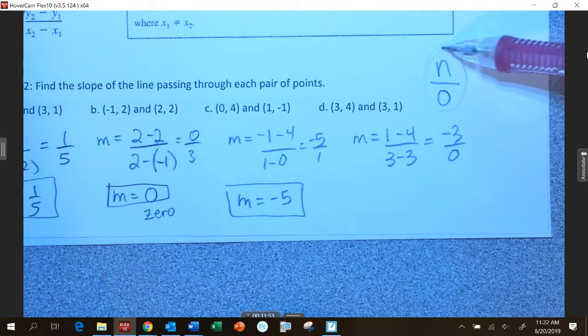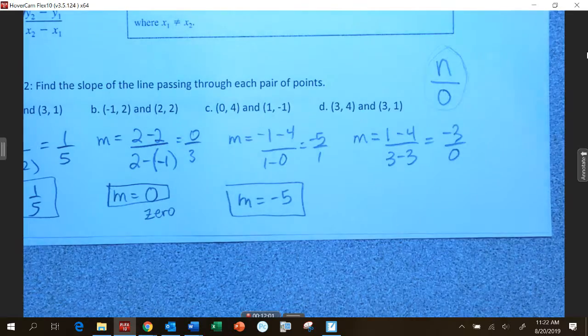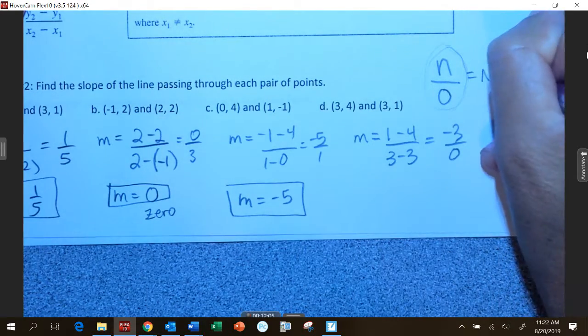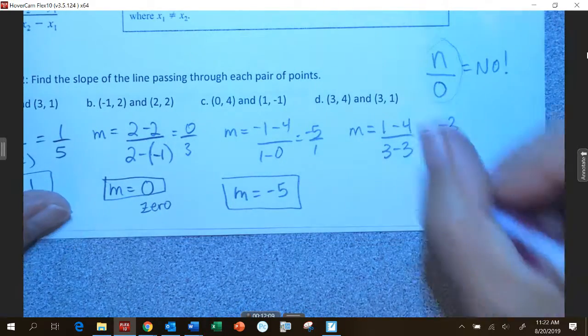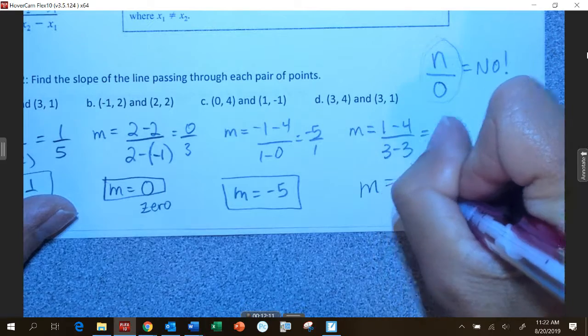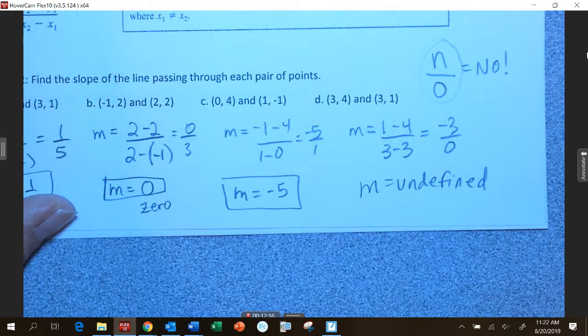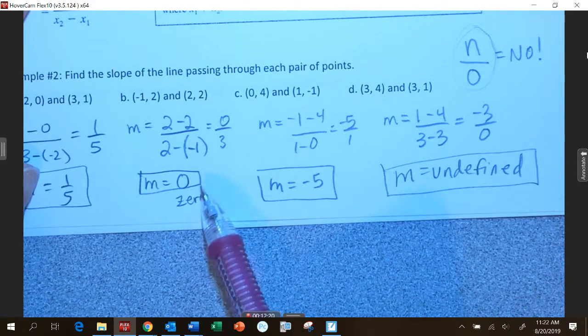What does that say? Some people said it. No! You can't do that! If you have a number divided by 0, no! It's undefined. If it's a number over 0, that's undefined. 0 over a number is 0.